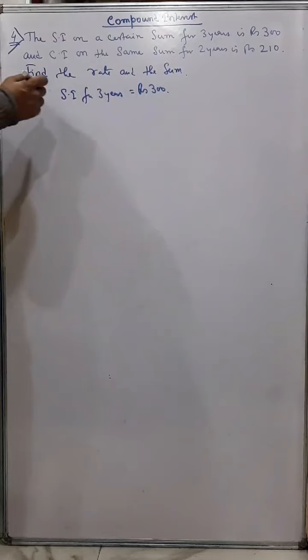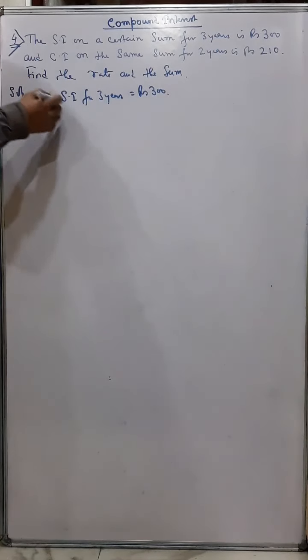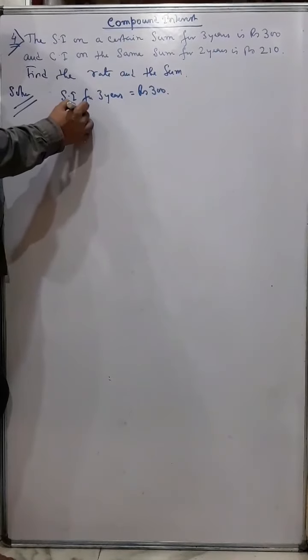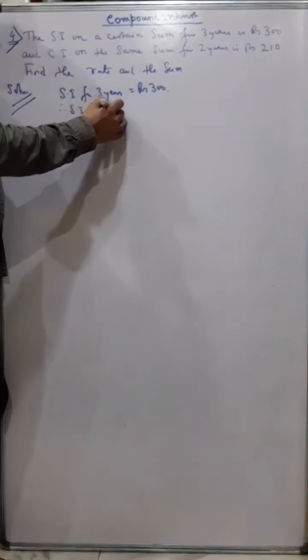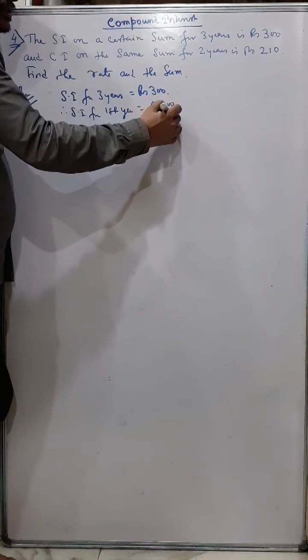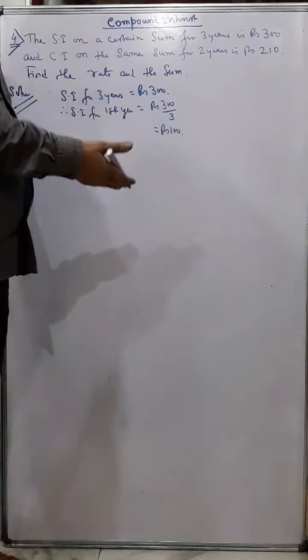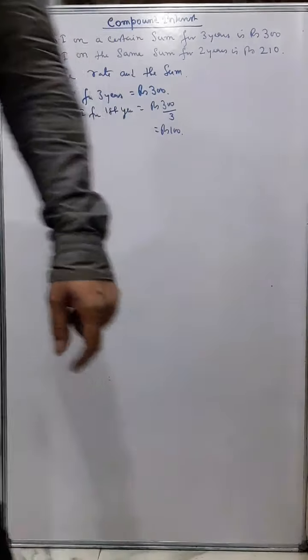So SI does not change every year. Every year the SI is same. So SI for 3 years is 300, and therefore I can say that SI for first year is 300 by 3. That means SI for first year is 100, second year is 100, third year is also 100.